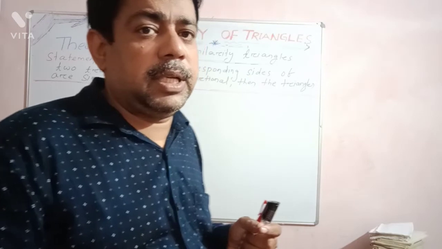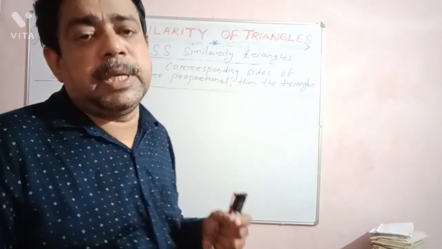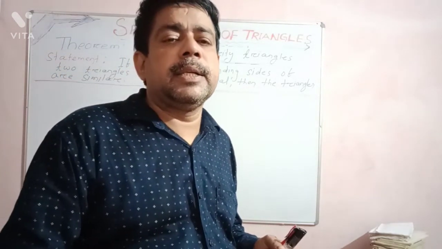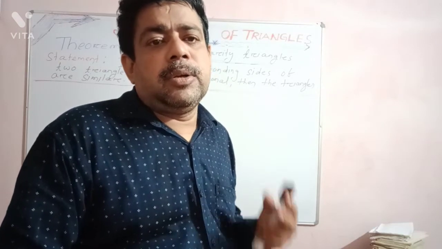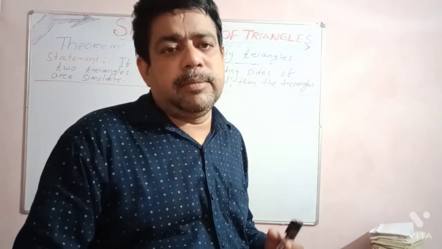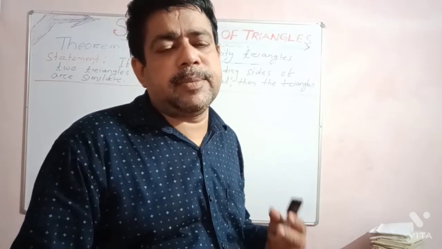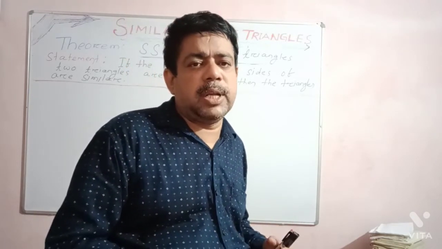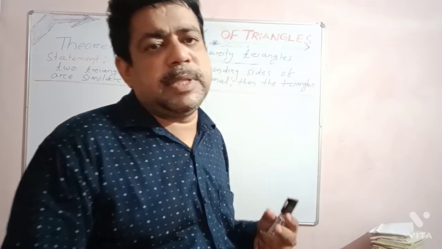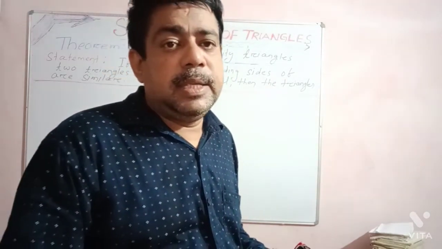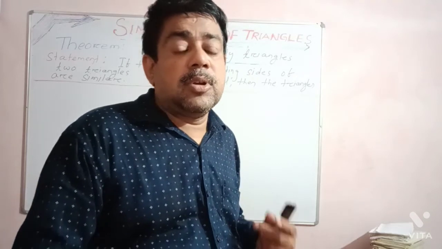Understand? The statement for the similarity of triangles is that if the corresponding sides of two triangles are proportional, then the triangles are said to be similar.